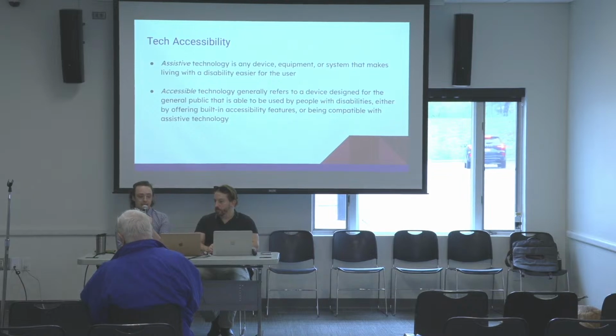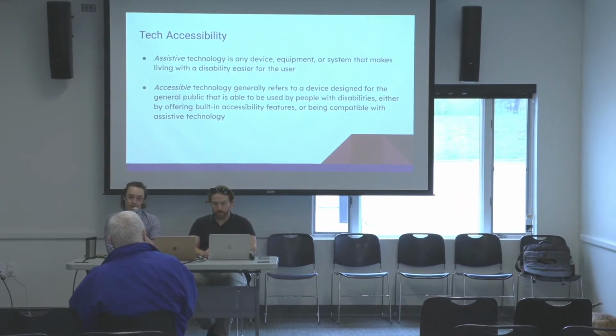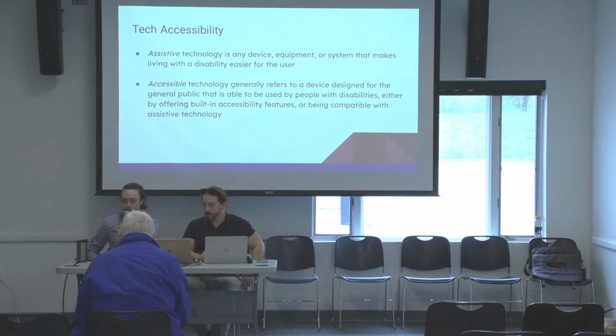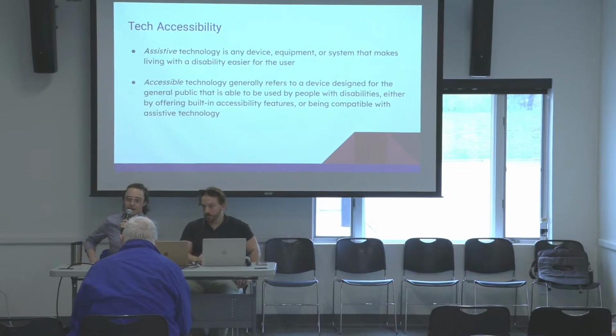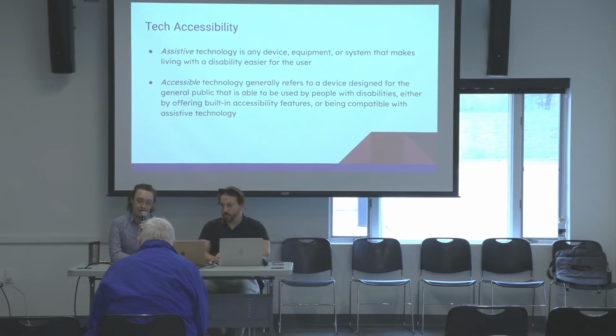Now, there's more of a focus on accessible technology because most of us already have a phone, smartphone, laptop, or another device that can, as we know, do a whole lot on its own.